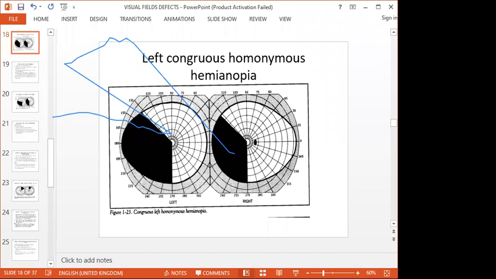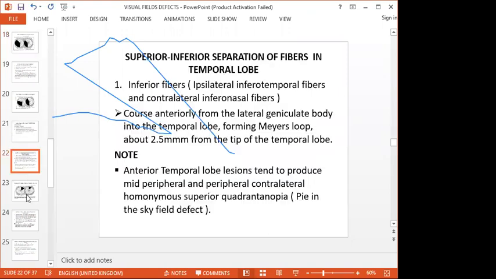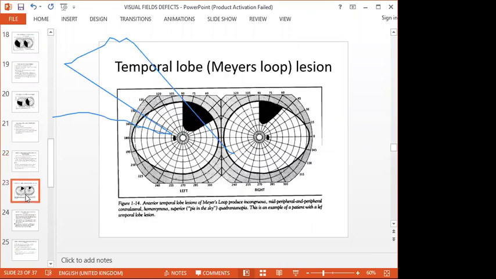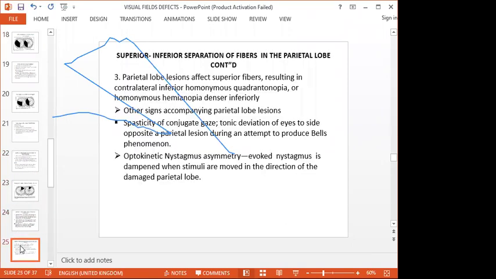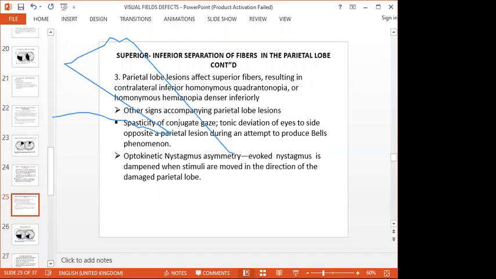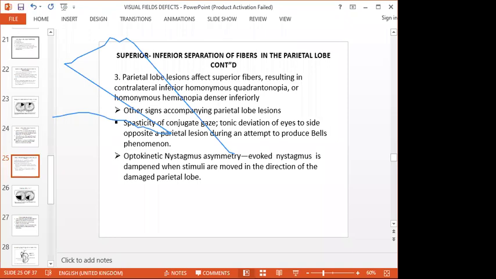This is 20. We're going backward, eh? Temporal Meyer's loop.